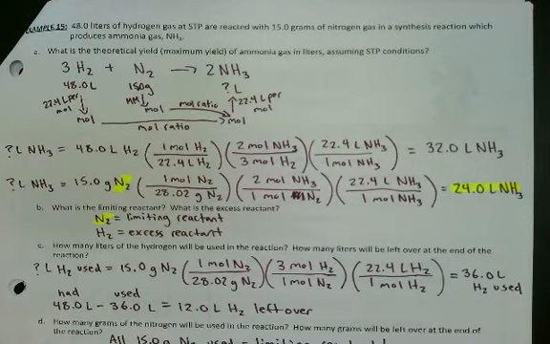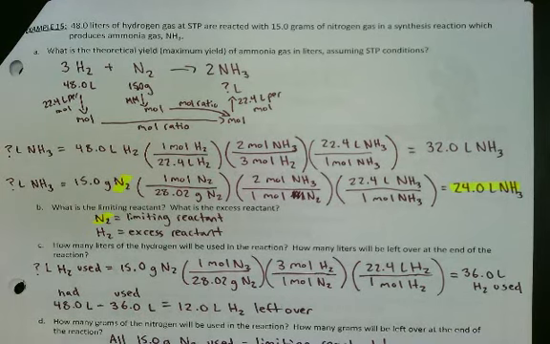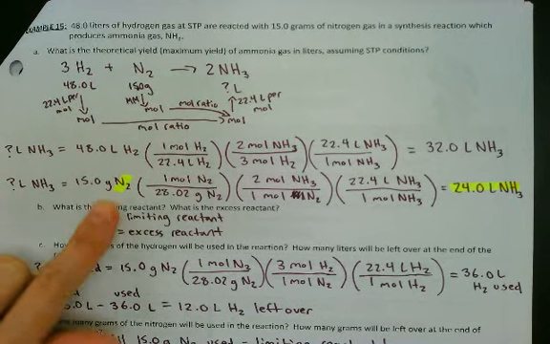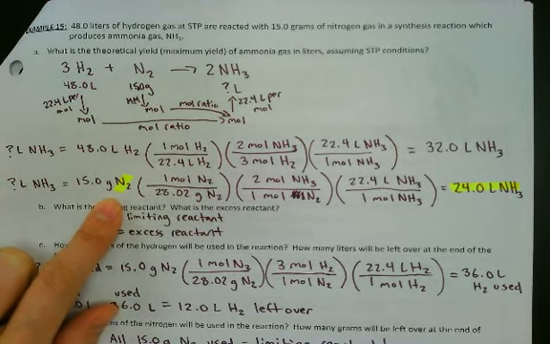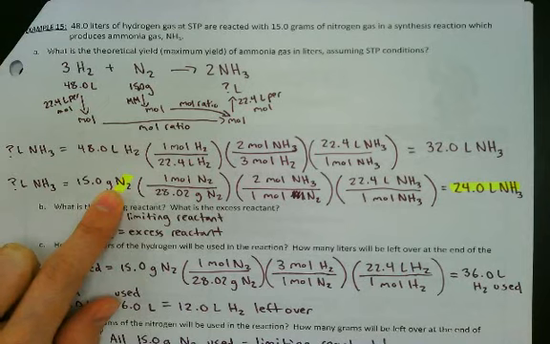Okay, if you unpause me, then you should now be able to check your work. So up top with A, we have our two setups. We were able to determine that our nitrogen was our limiting reactant. We're going to run out of nitrogen first.